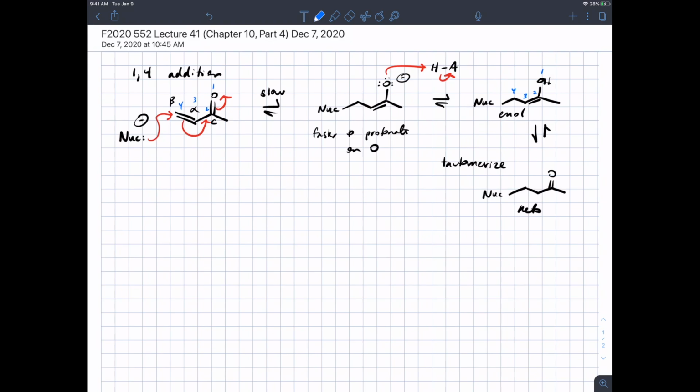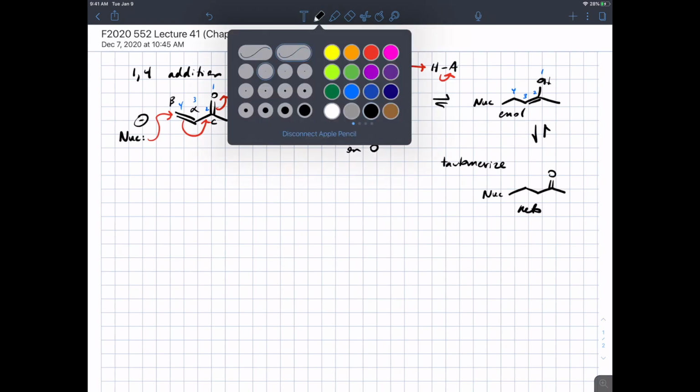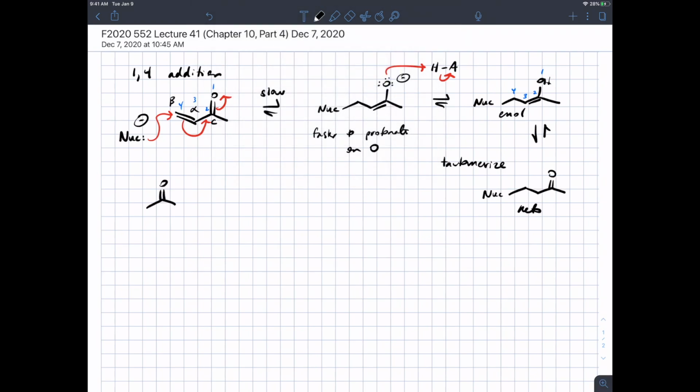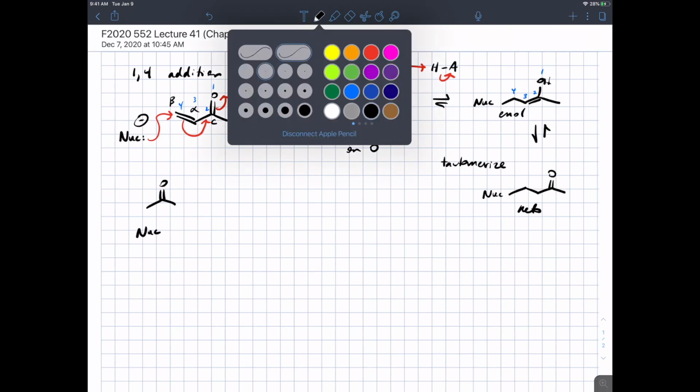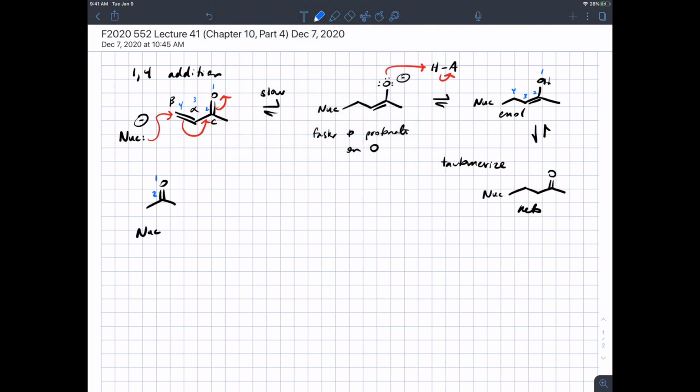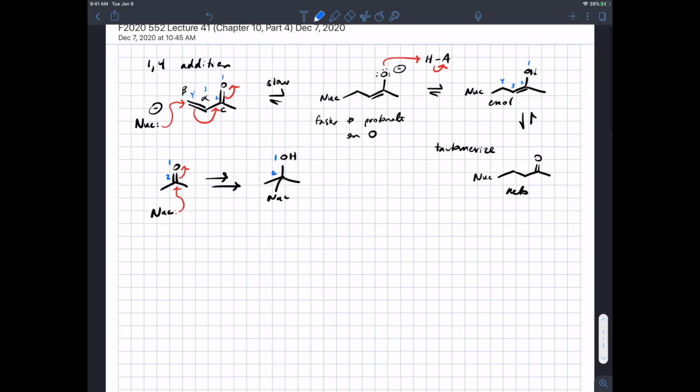And this can be contrasted with conventional carbonyl chemistry, wherein a nucleophile adds to the carbonyl carbon, and then you get an alcohol as your product. Again, we are going to call that 1,2 addition because the stuff that we've added across that carbon-oxygen pi bond are on atoms 1 and 2, respectively. Questions about that? Anything look unfamiliar?